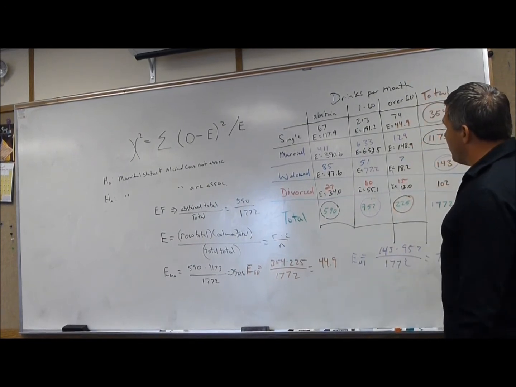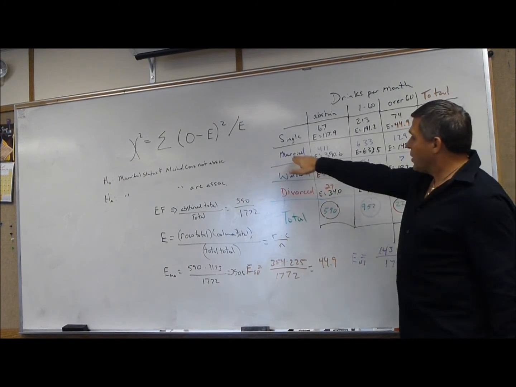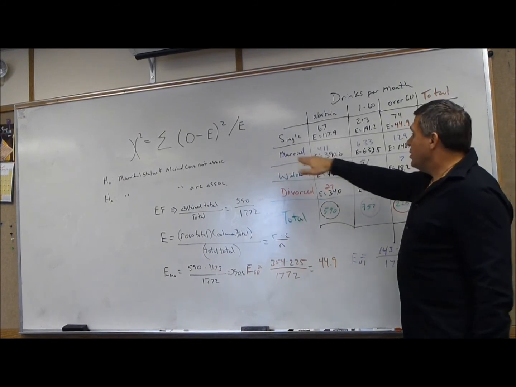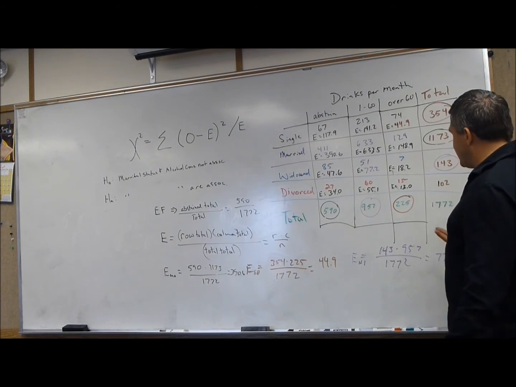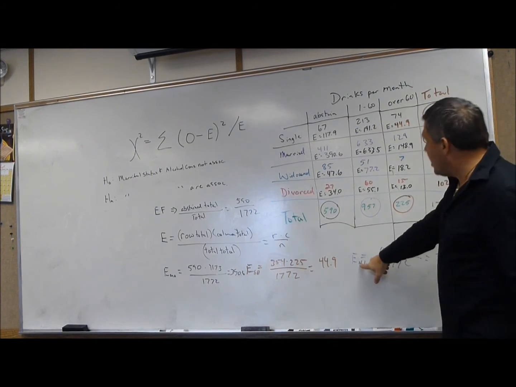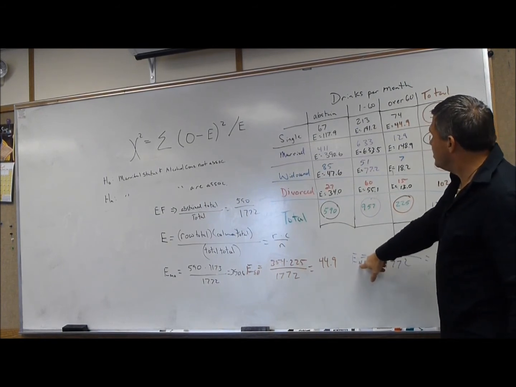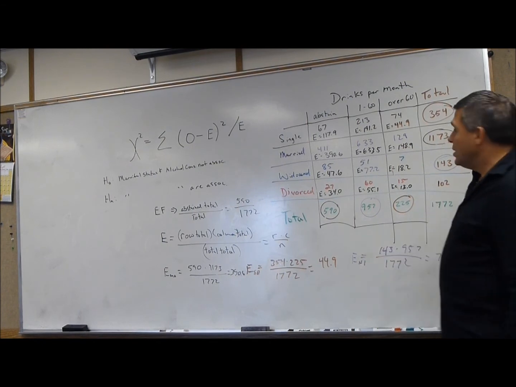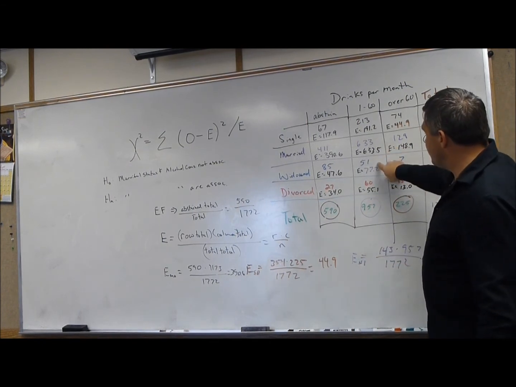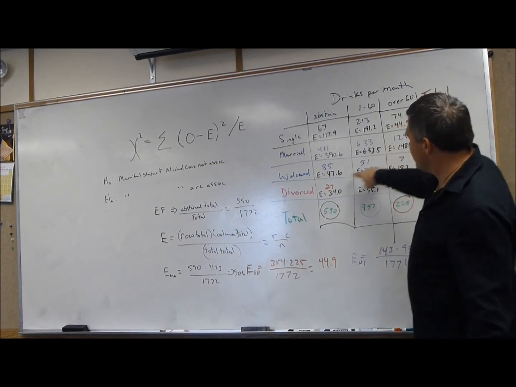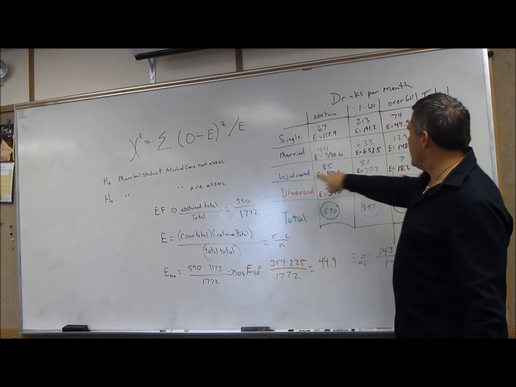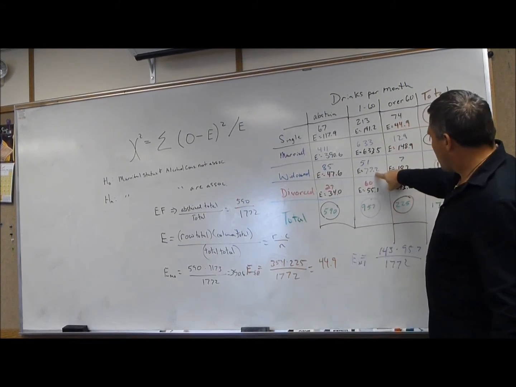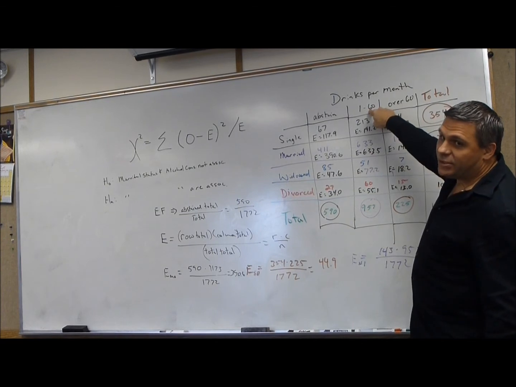One more example was the married column, right? So married with 1 drink to 60 drinks, or no, not married, it's widowed, sorry. We decided to do the widowed and the 1 to 60 drinks.